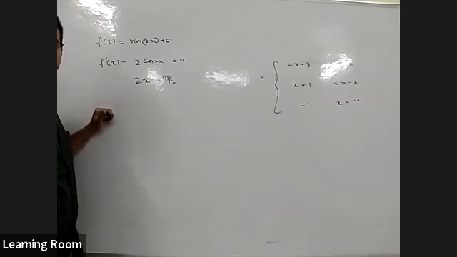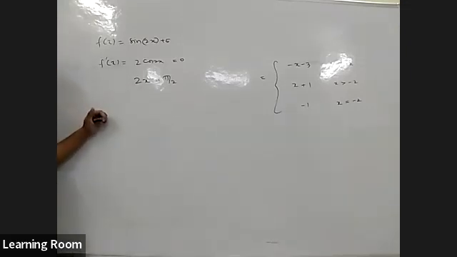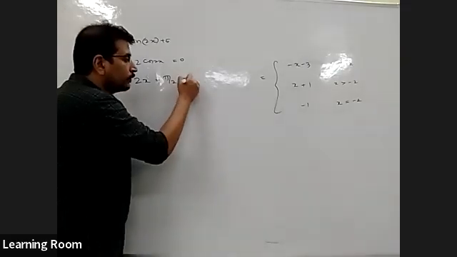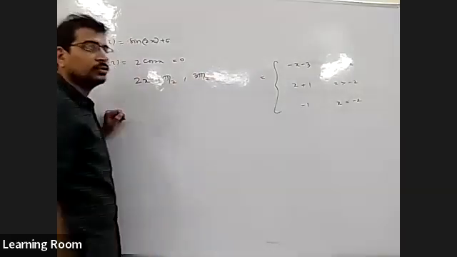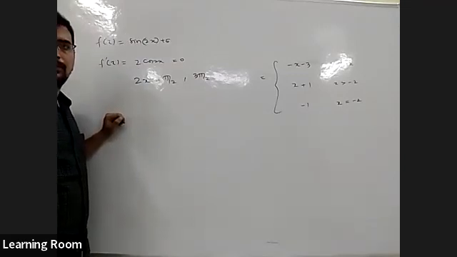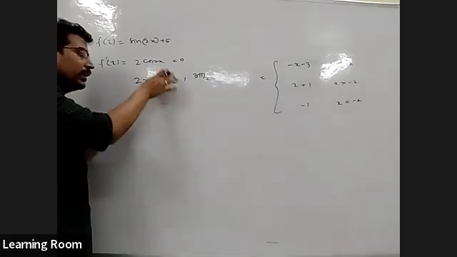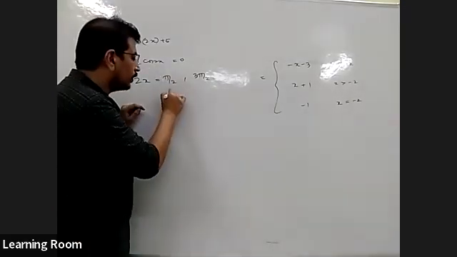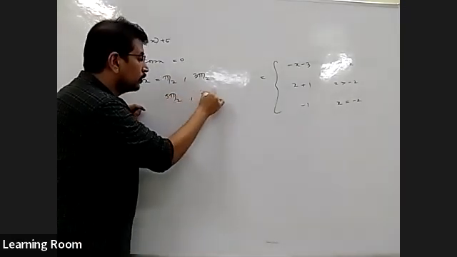Cos 2x is 0 means that something should be equal to pi by 2. But we forget the fact that 3 pi by 2 also is going to give you a 0. The reason I asked you for the domain is where are they trying to restrict the values? It will have both maximum and minimum because you need to write the general solution: pi by 2, 3 pi by 2, again 5 pi by 2, 7 pi by 2.